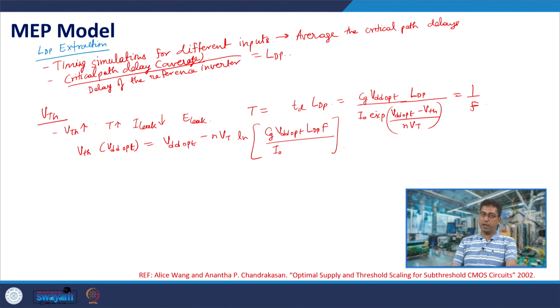You may not get the desired frequency that you want with the given threshold voltage for your VDD optimum. Now, you want to have a desired frequency of operation. What you would do is adjust the body bias, etc., in such a manner that you get this value of threshold voltage. That is the idea here.